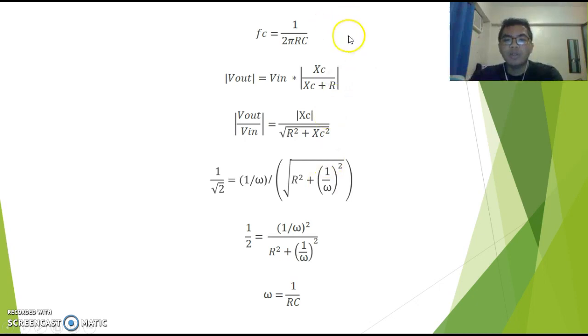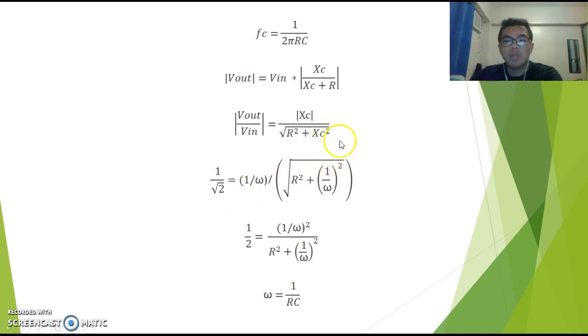So for the derivation of the formula, Fc is equal to 1 over 2 pi RC. As we know, the absolute value of Vout is equal to Vin times the absolute value of Xc over Xc plus R. The absolute value of Vout over Vin is equal to the absolute value of Xc over the square root of R squared plus Xc squared.